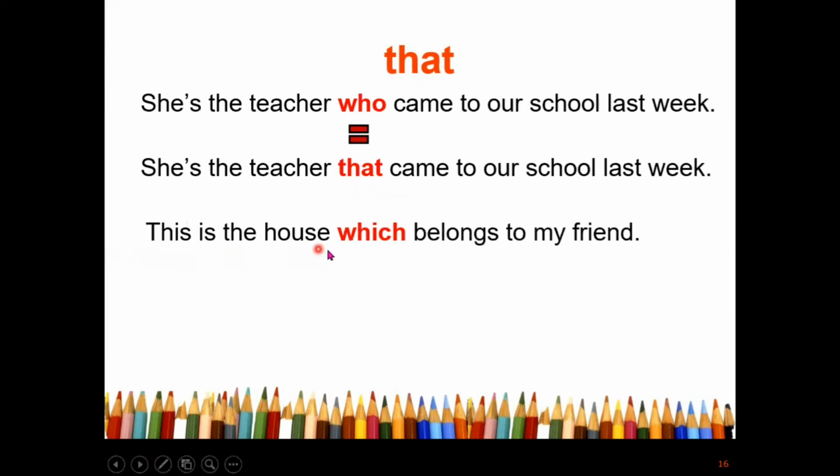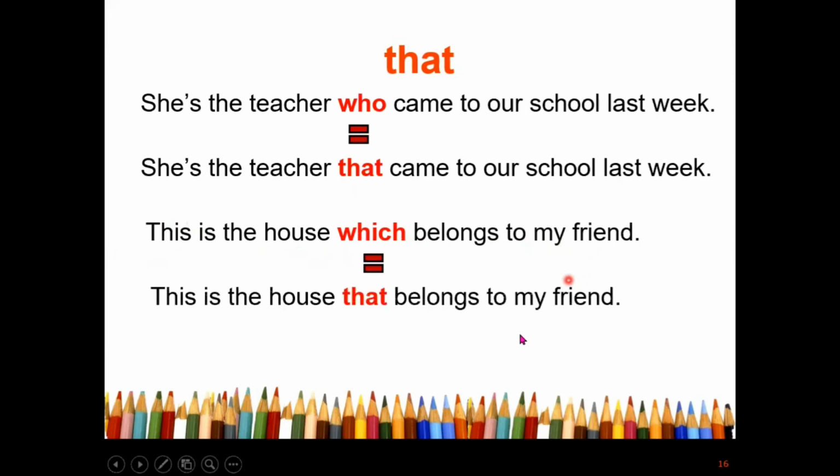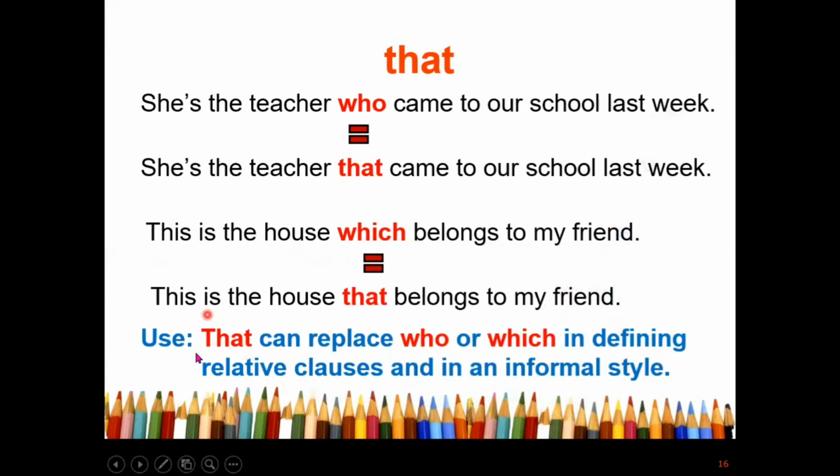This is the house which belongs to my friend. Correct. This is the house that belongs to my friend. Also correct. So we use that instead of who or which in defining relative clauses and informal style.